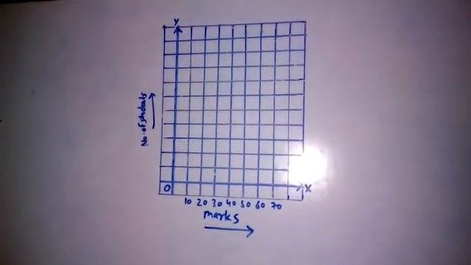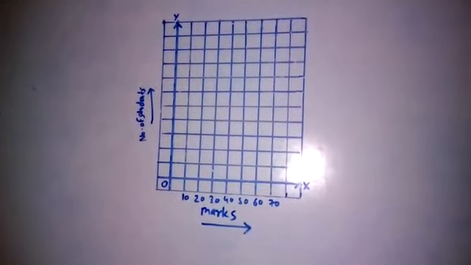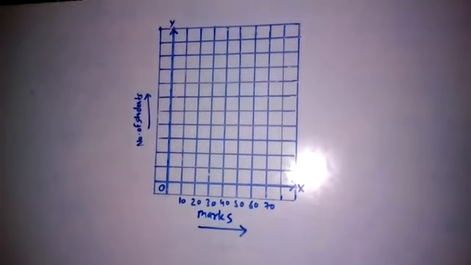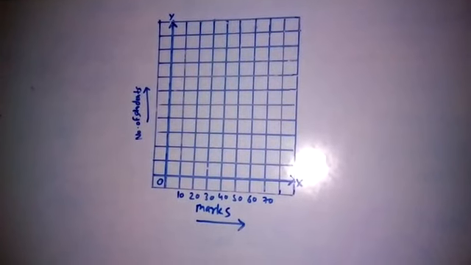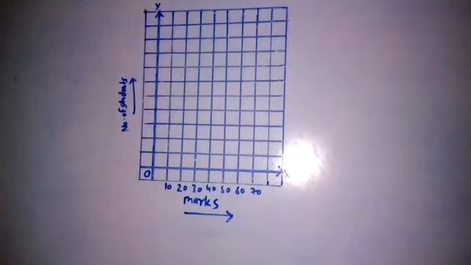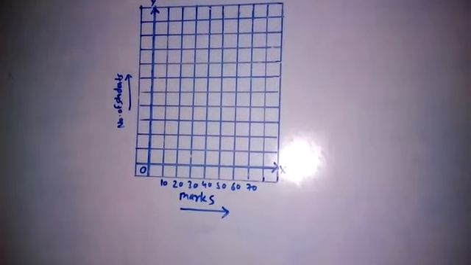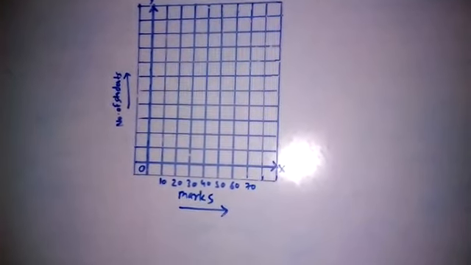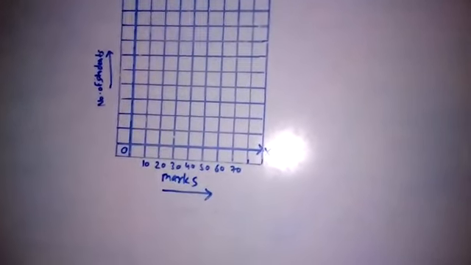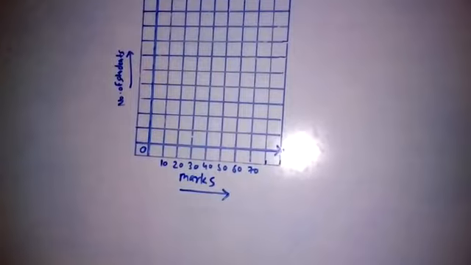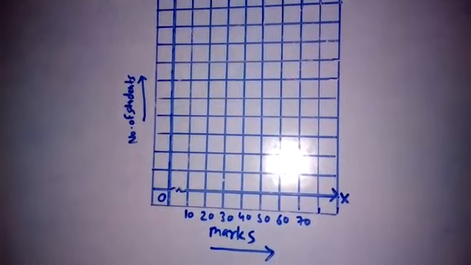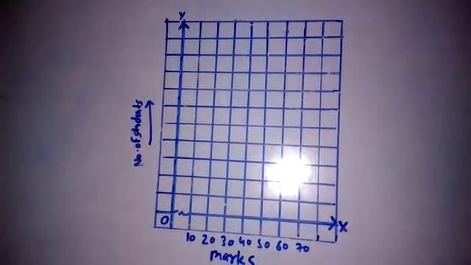Because it is not started with 0, between 0 to 10 we give here a kink. See it here, here we will give a kink.